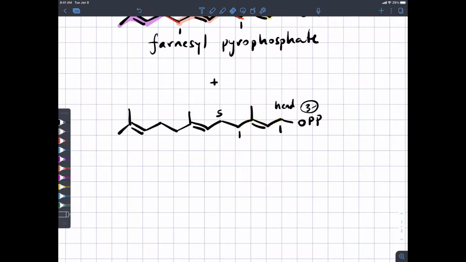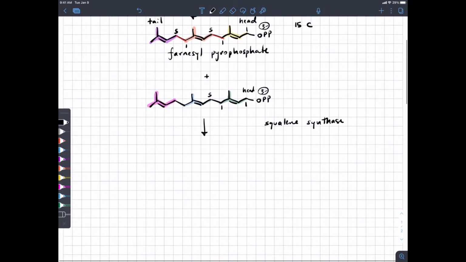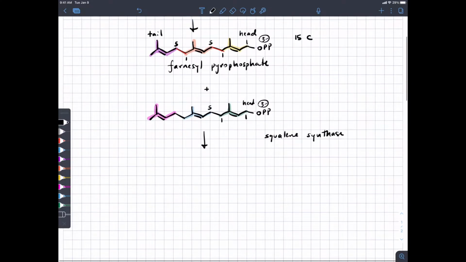So to illustrate this, I'm going to use some different colors for the isoprene units here. And so you have an enzyme called Squalene Synthase, which takes 2 molecules of farnesyl pyrophosphate and links them together to form a 30-carbon molecule called squalene.